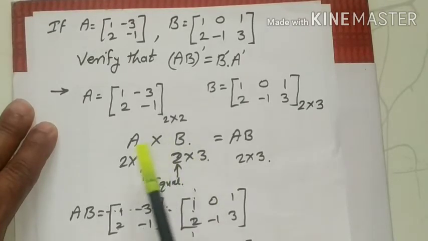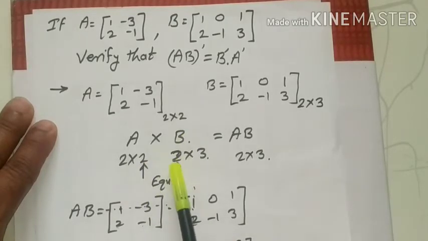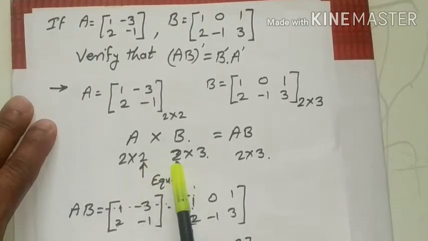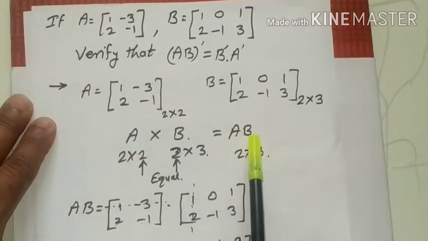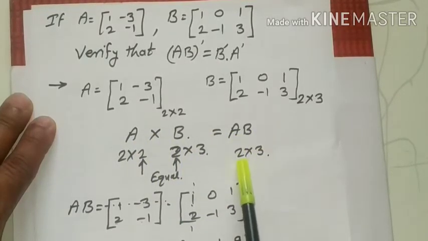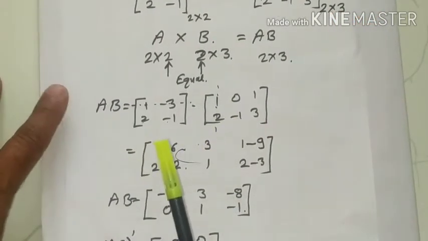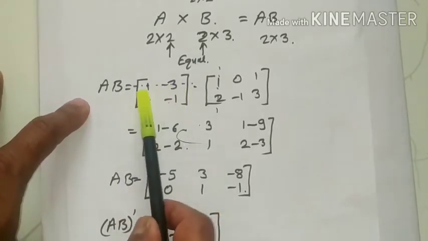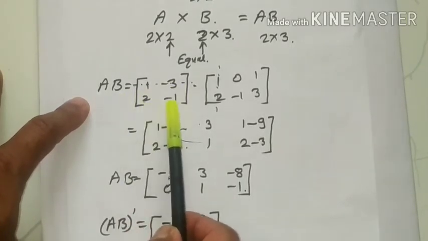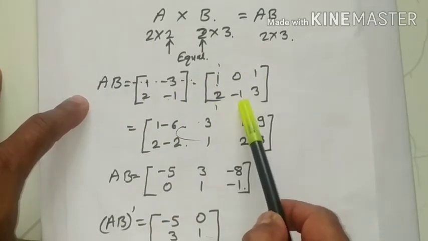Here the columns of the first matrix and rows of the second matrix are equal. Therefore, the product AB is defined and its order is 2 by 3. Then AB is equal to matrix A [1, -3; 2, -1] and matrix B [1, 0, 1; 2, -1, 3].